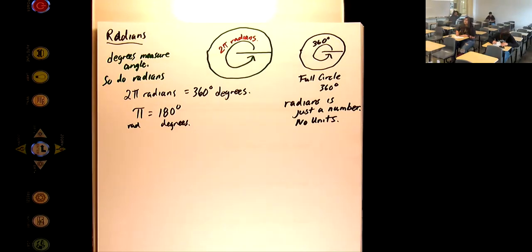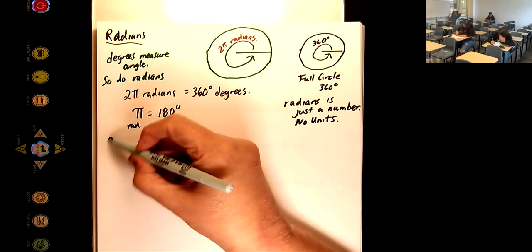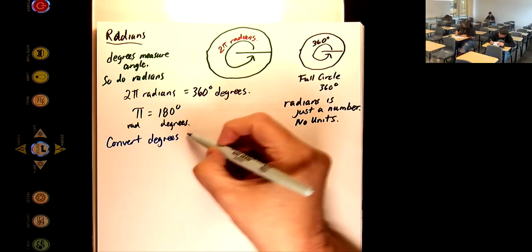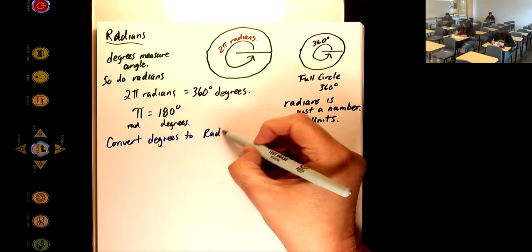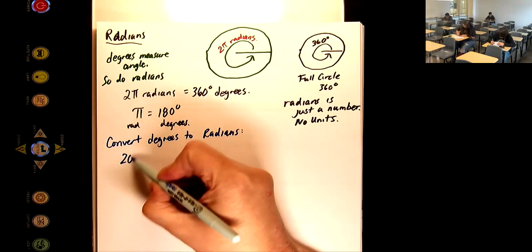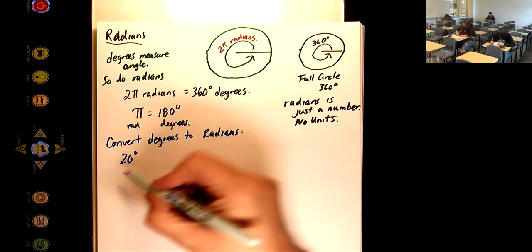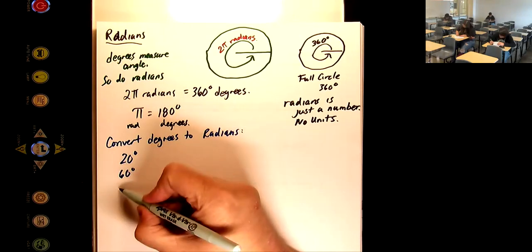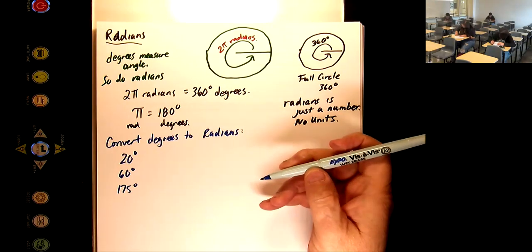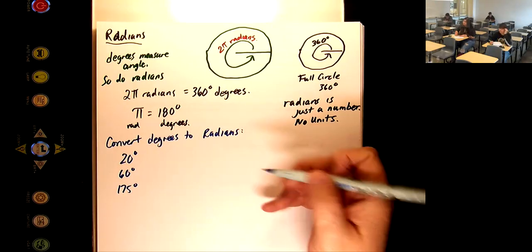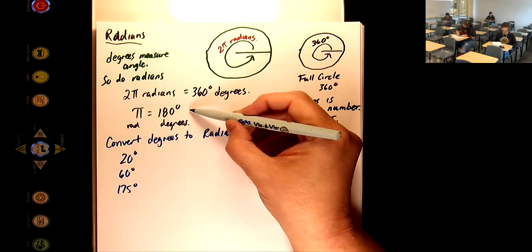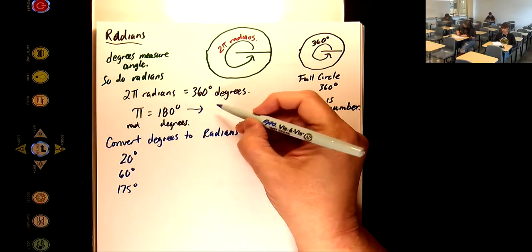So if we want to convert degrees to radians, there's two ways of writing this that make this pretty useful.